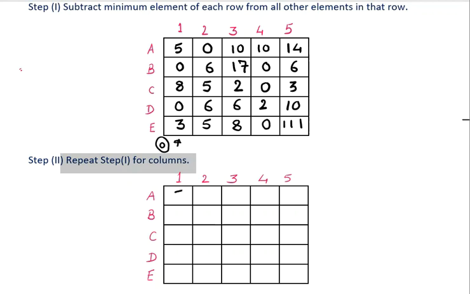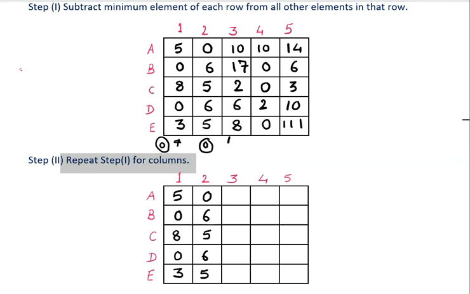So the first column elements remain unchanged. Second column, the smallest number is again 0, so the numbers in the second column will not change. So we get 0, 6, 5, 6 and 5.